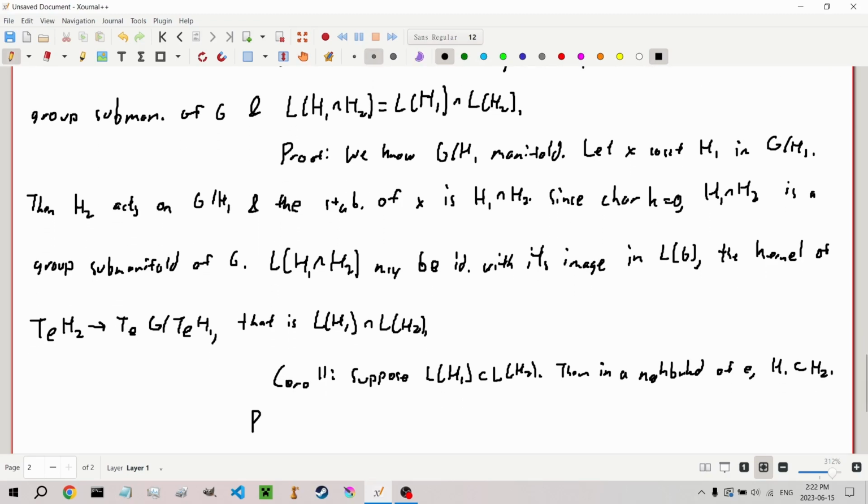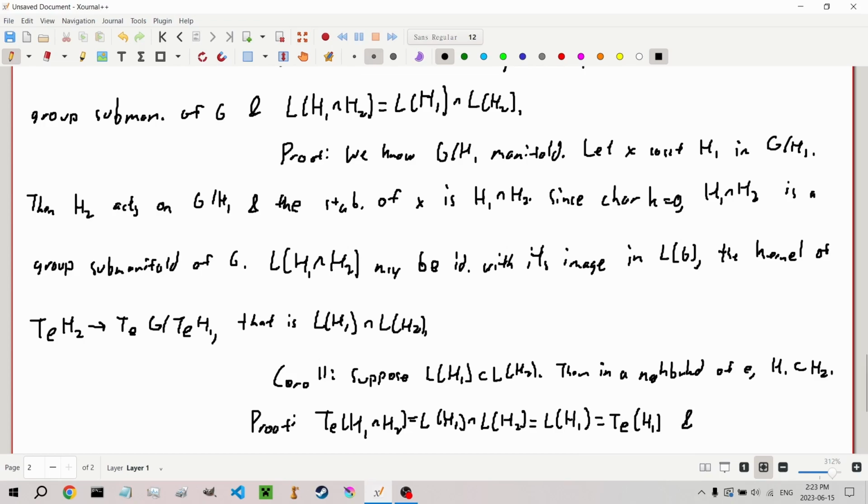And the proof: we know that the tangent at the identity of H1 intersect H2 is the intersection of the algebras of H1 and H2, which in this case is, by assumption, the algebra of H1, which is the tangent space at the identity of H1.